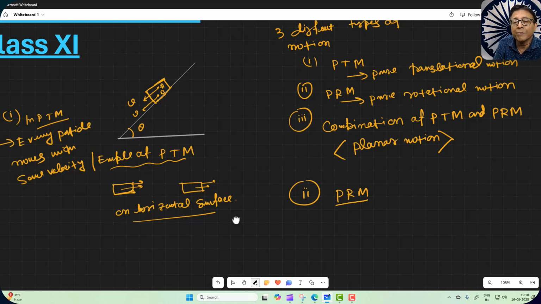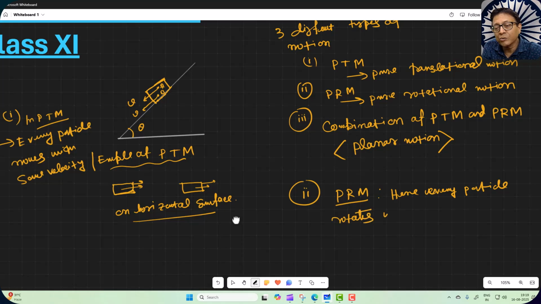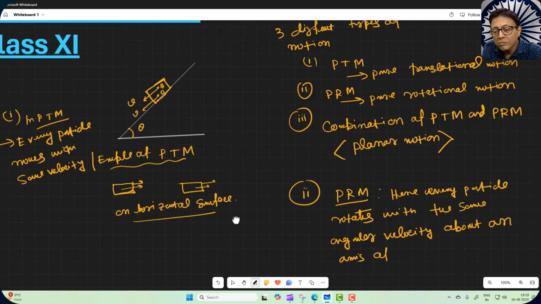What happens in PRM? Here, every particle rotates with the same angular velocity about an axis of rotation.